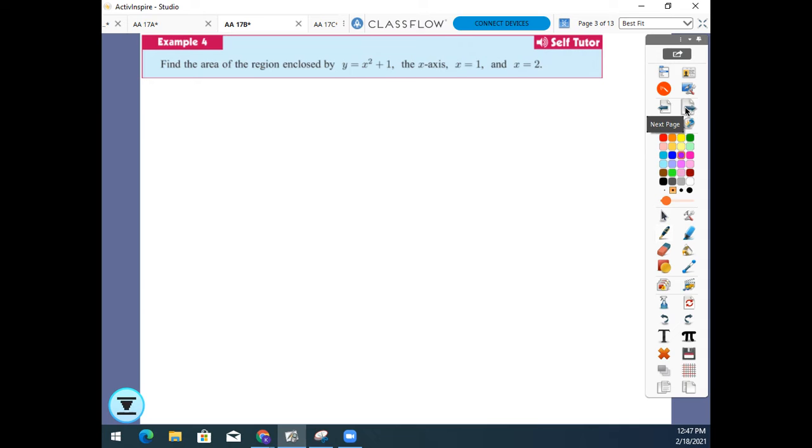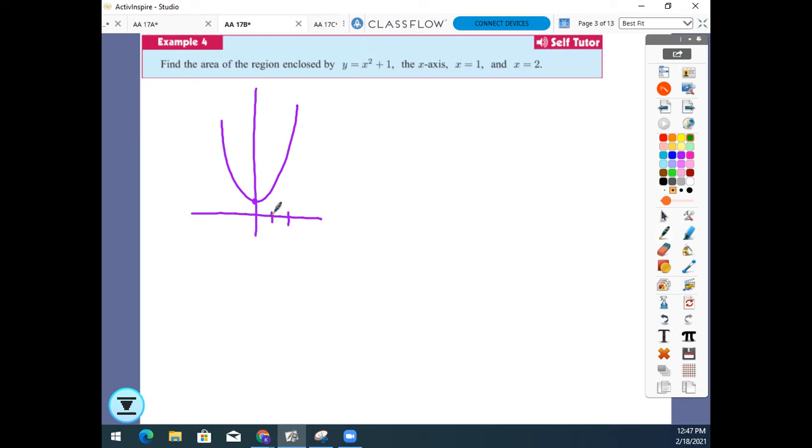Okay, so find the area of the region enclosed by x squared plus 1. So in general, x squared plus 1 is just your parabola up 1. And we're going from 1 to 2.